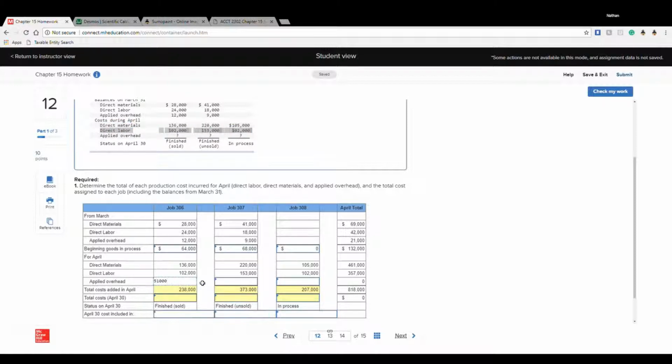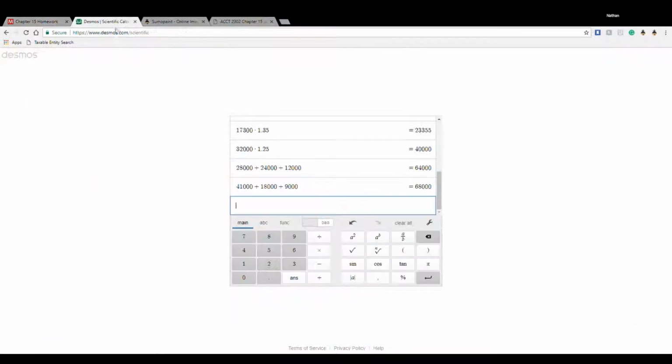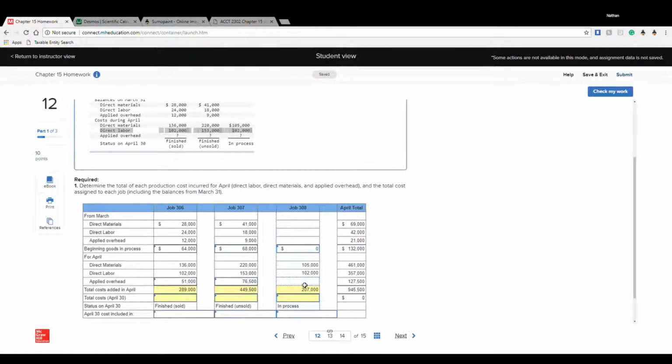Like that one should be 51,000. 153 divided by 2, you're looking at 76,500. Did that one in my head, but let's go ahead and do that on the calculator. Yeah, 76,500. Cool. And then another 102. So that's another 51,000.